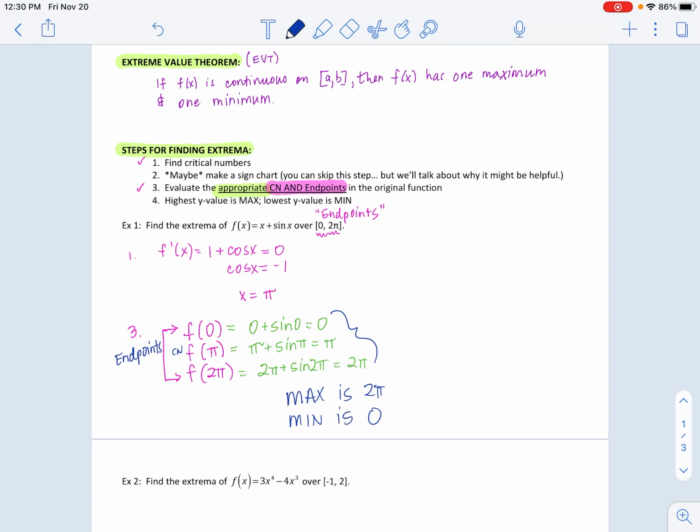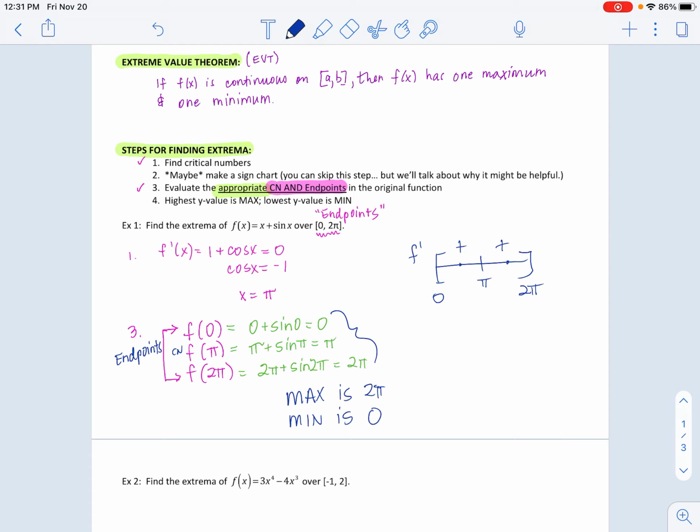I guess real quick, I might throw down a sign chart here to show what it looks like. If I cap this at 0 and 2 pi, and I plug in test points in and around, like pi halves and 3 pi halves, the derivative is positive.